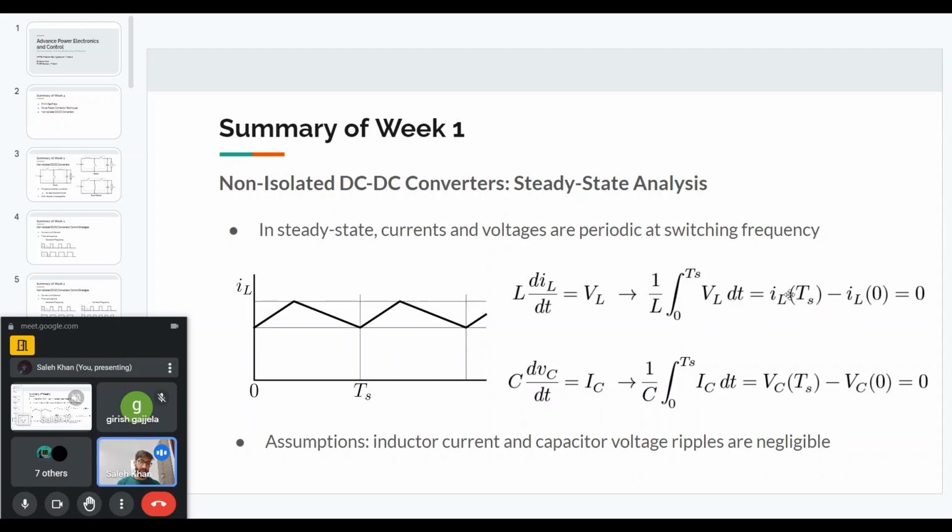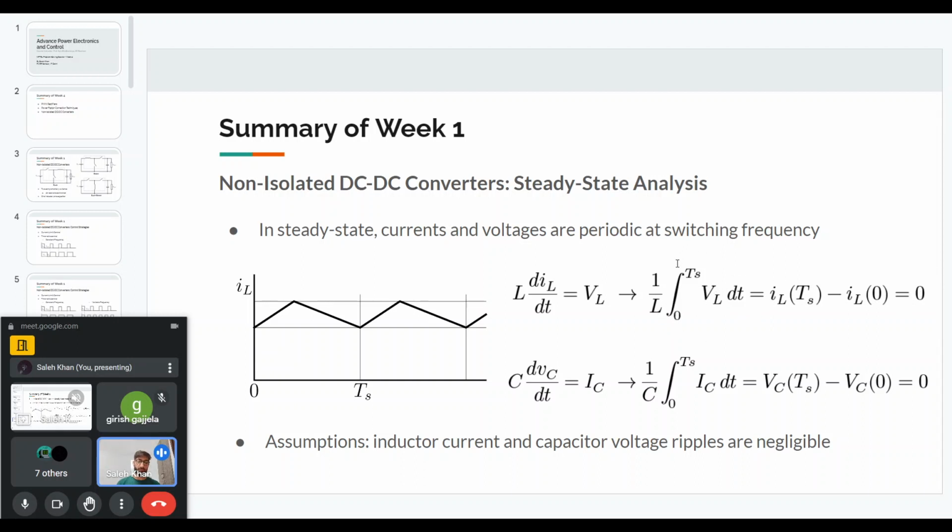At steady state, the condition is that the inductor current at Ts will be the same as the inductor current at time 0, because the inductor current is periodic at the switching frequency, like here. So that means this integral will be 0.